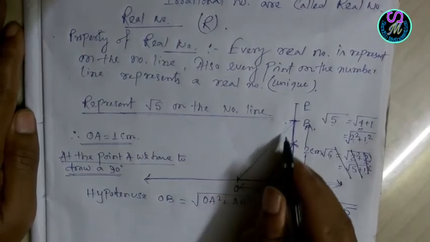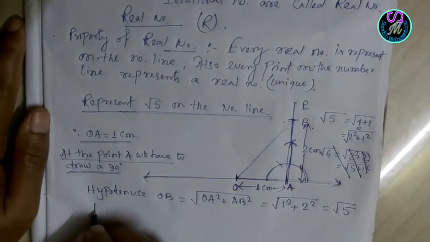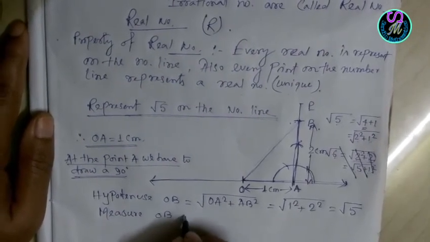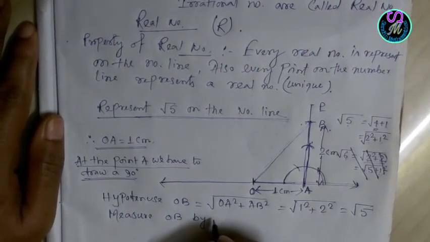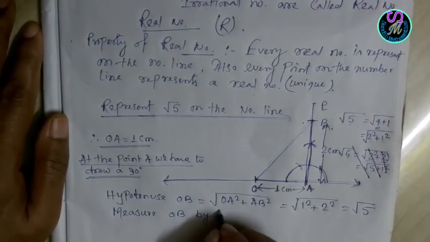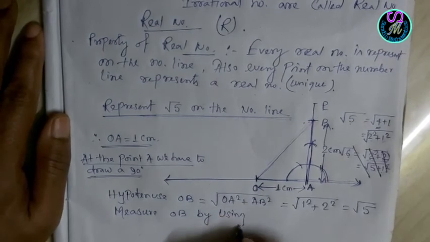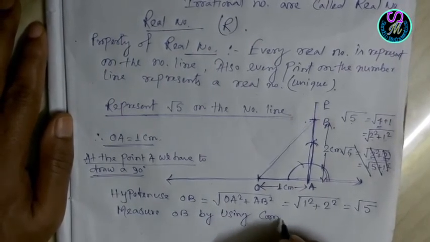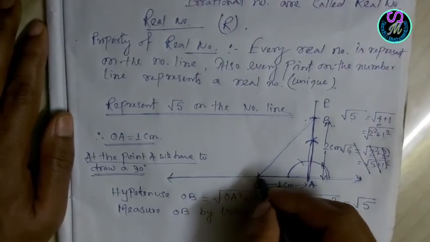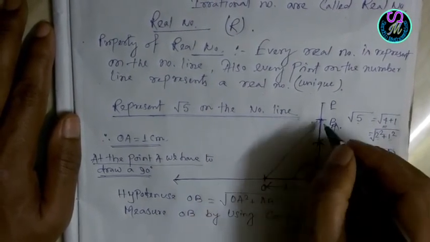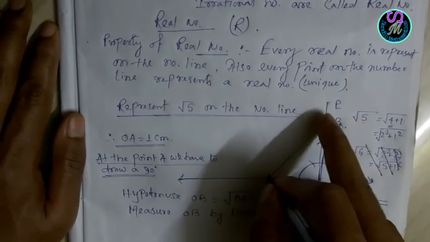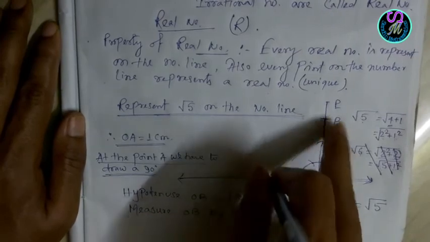Now measure OB by using the compass. Put the needle here and take the pencil at point B, then extend this and draw a semicircle like this.